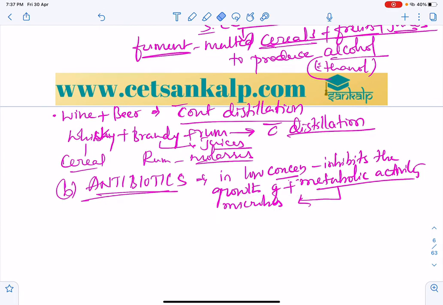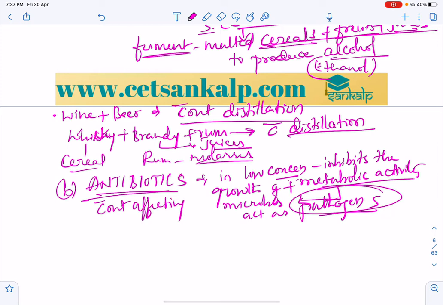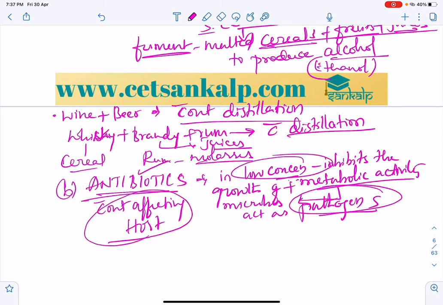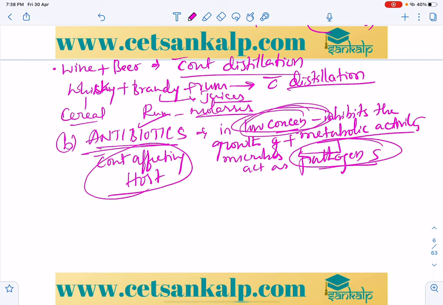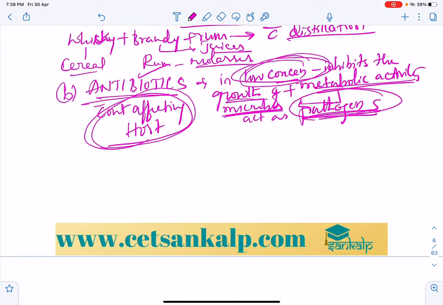They inhibit the metabolic activity and kill these pathogens without affecting the host. Only then can we consider them antibiotics: they are produced in low concentration, and they affect the growth and metabolic activity of microbes which act as pathogens, but without affecting the host.